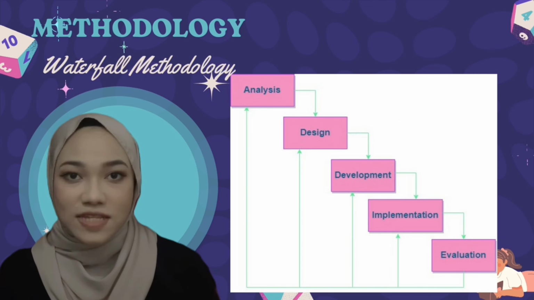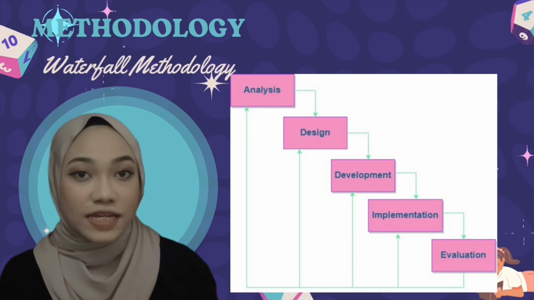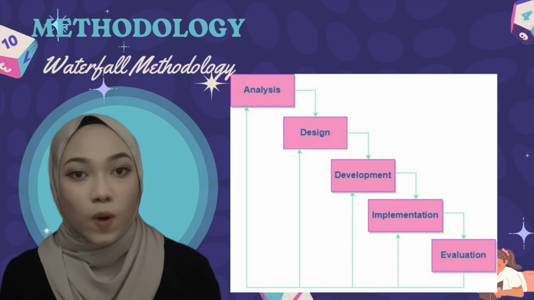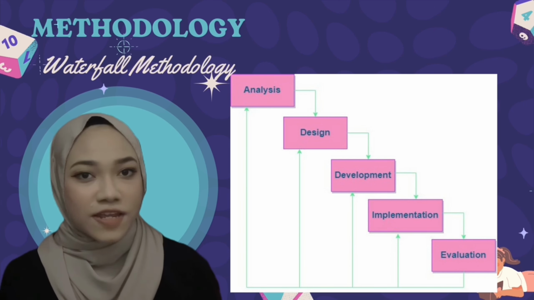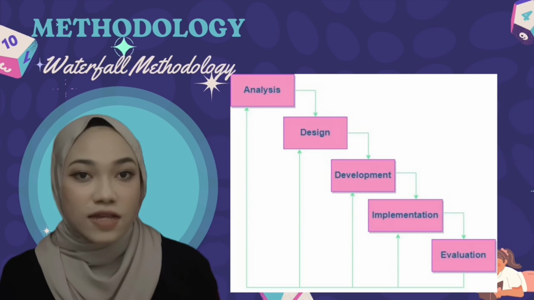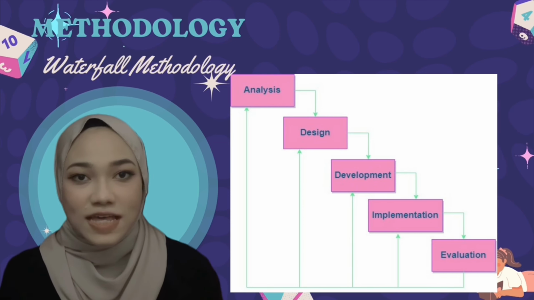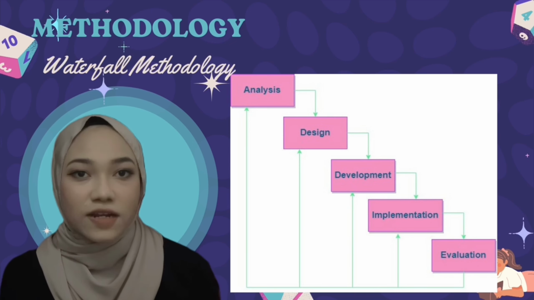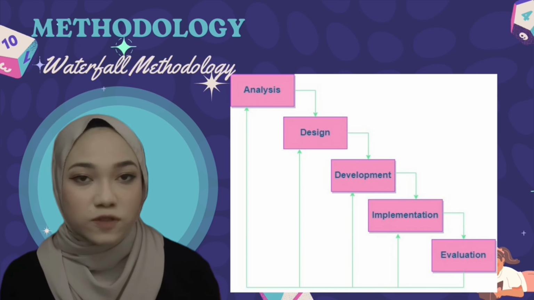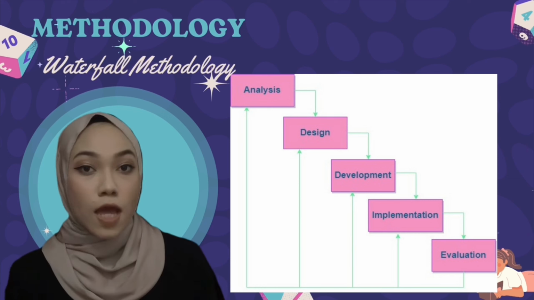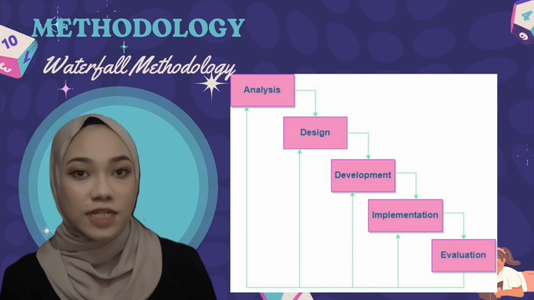The second phase is the design phase. In this phase, we develop the required output, such as designing the user interface. The third phase is the development phase. This phase is the phase where we start developing our application by using Unity. The fourth phase is the implementation phase.